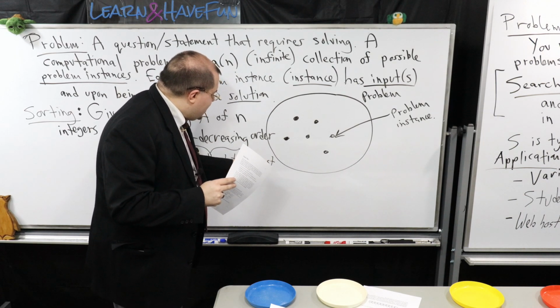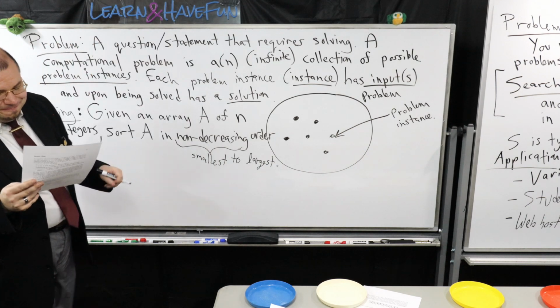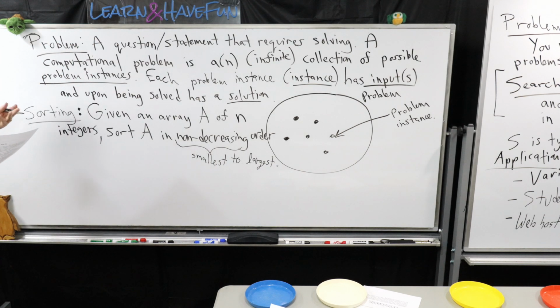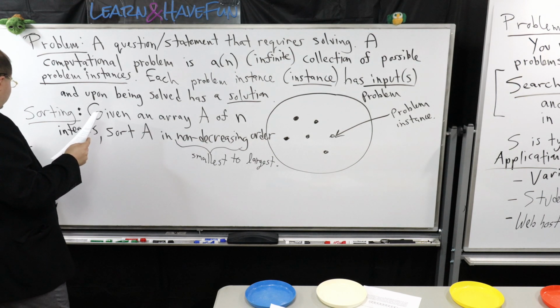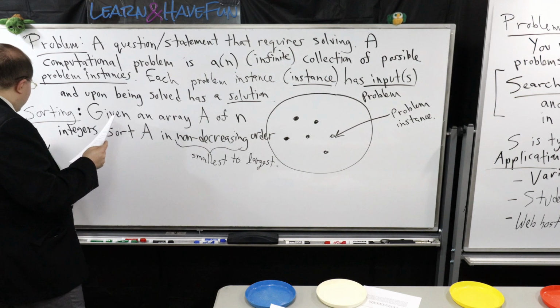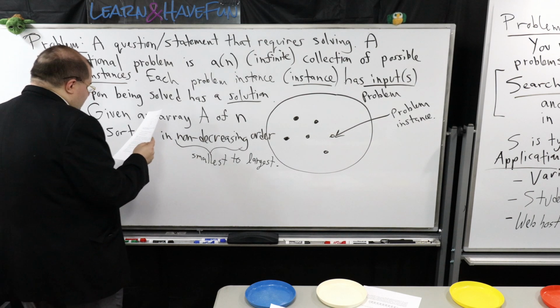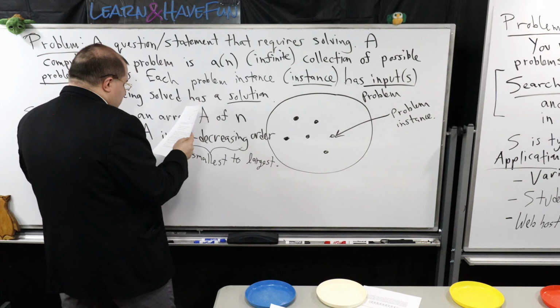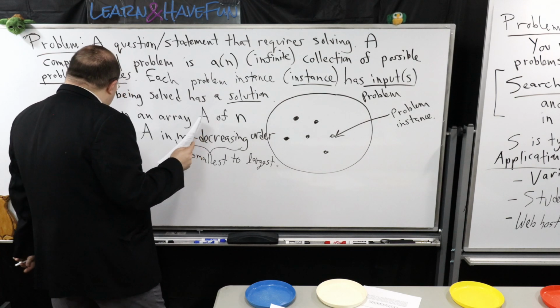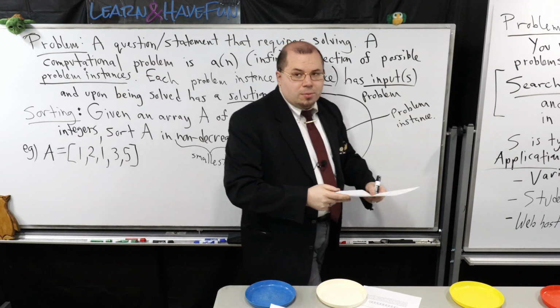So this is the problem I know you've encountered before. For example, I can give you a whole bunch of different problem instances. Here's some examples. Suppose I give you an array A that has 5 elements: 1, 2, 1, 3, 5. Can somebody tell me the solution to this problem instance?